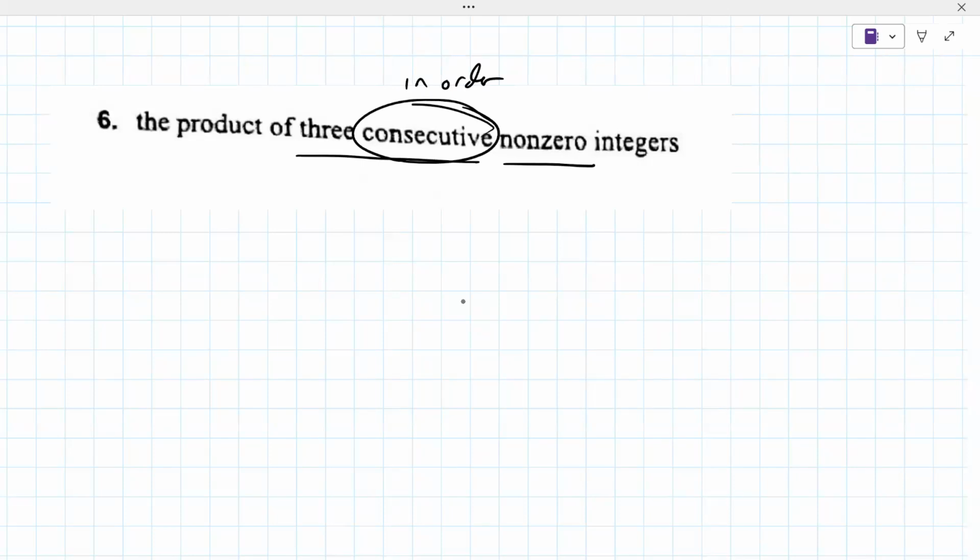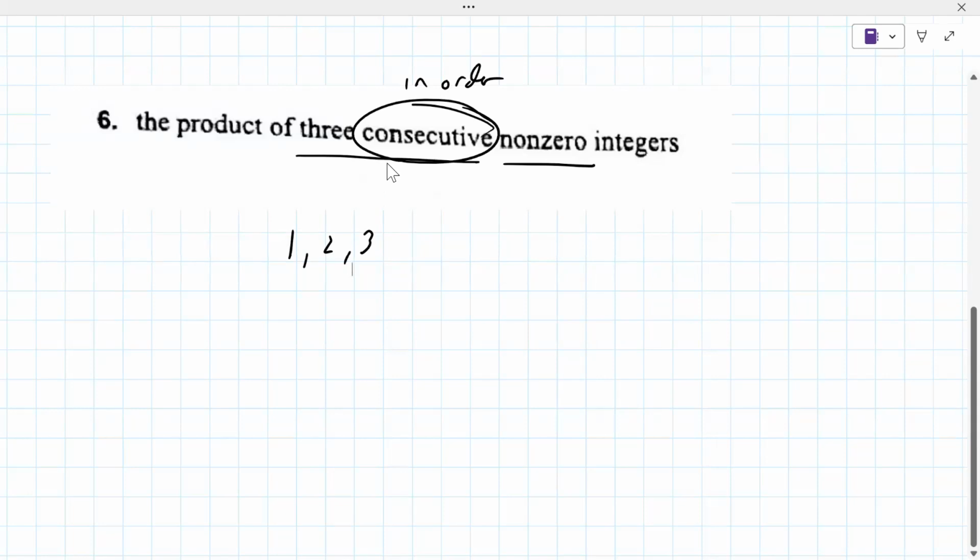Does that mean the same over and over? That would be if they were the same, but consecutive means one follows another, like there's an order to it. So for example, 1, 2, and 3 are consecutive non-zero integers. They're consecutive because one follows the next.